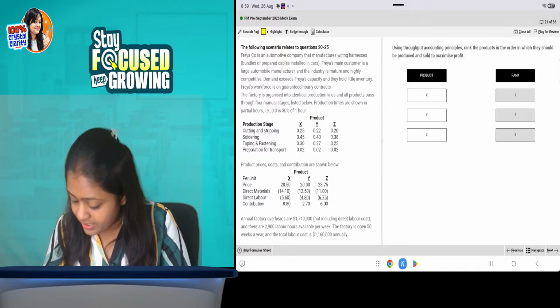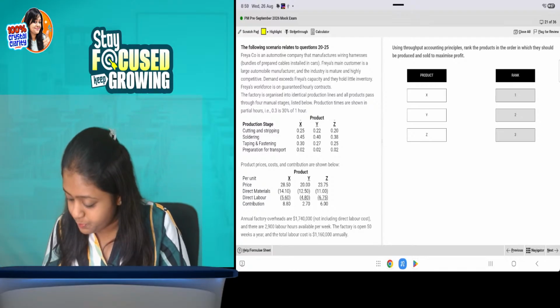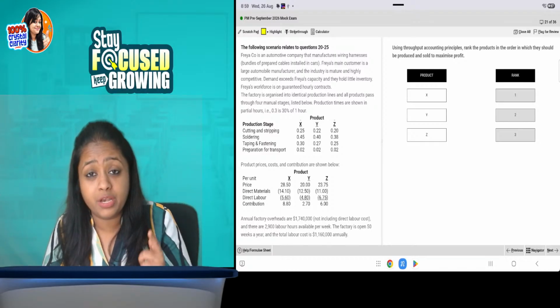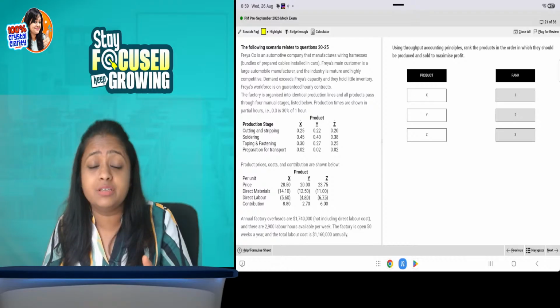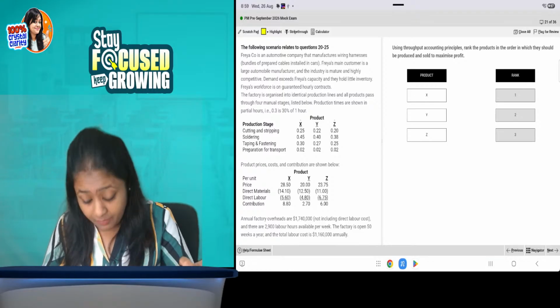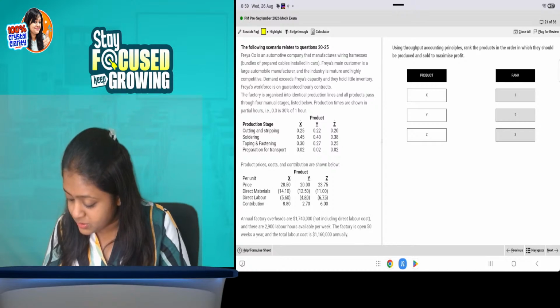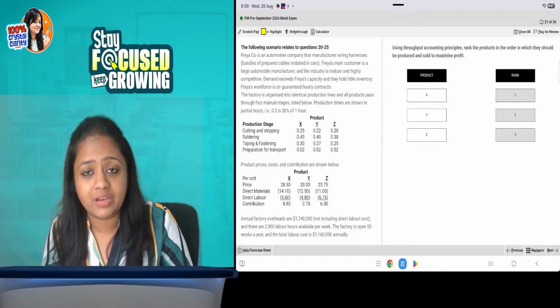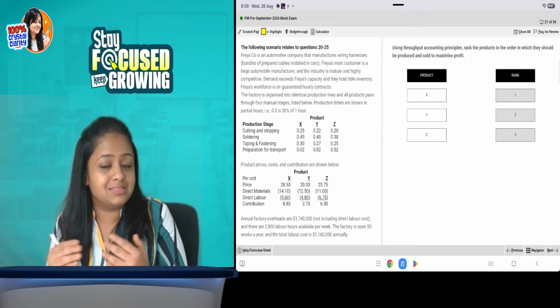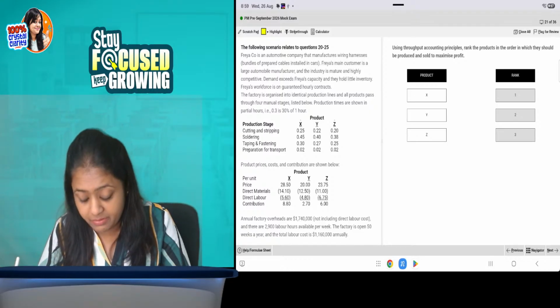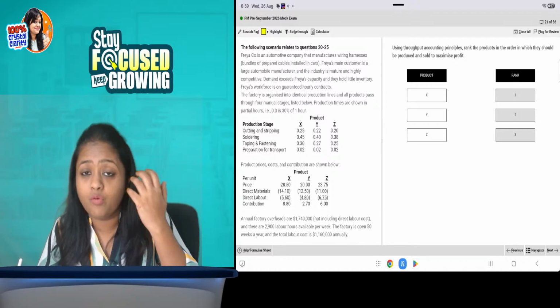Soldering is requiring 0.45 plus 0.4 plus 0.38. That's requiring a lot of time, 1.23, more than 1 hour they require. Taping is also requiring 0.3 plus 0.27 plus 0.25, that is less than 1 hour. I don't have data that gives me any units or hours, so how will I calculate?